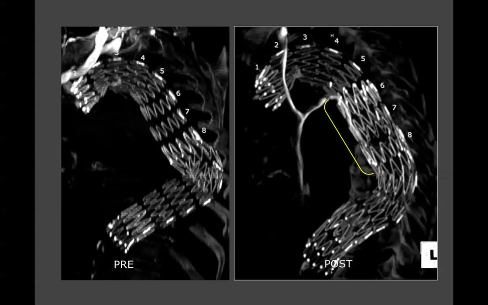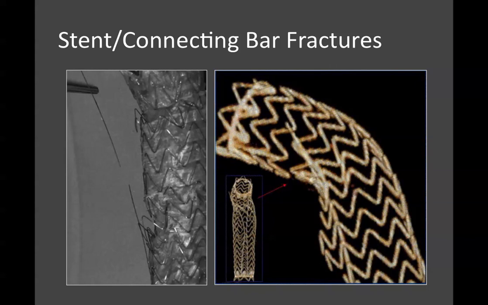This was recognized before a true so-called type 3 endoleak occurred, and this was repaired in a fairly straightforward manner by a placement of a so-called bridging endograft.